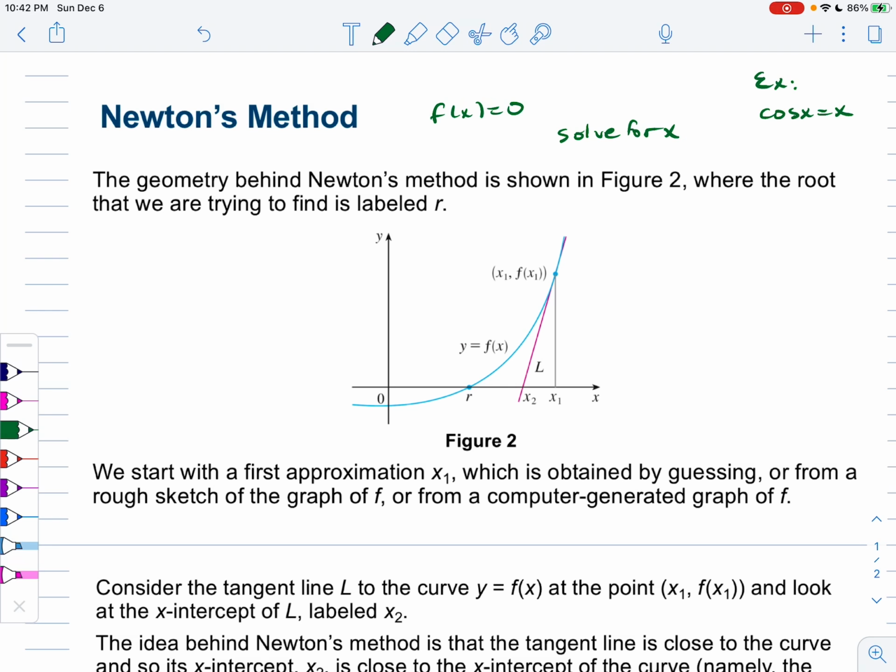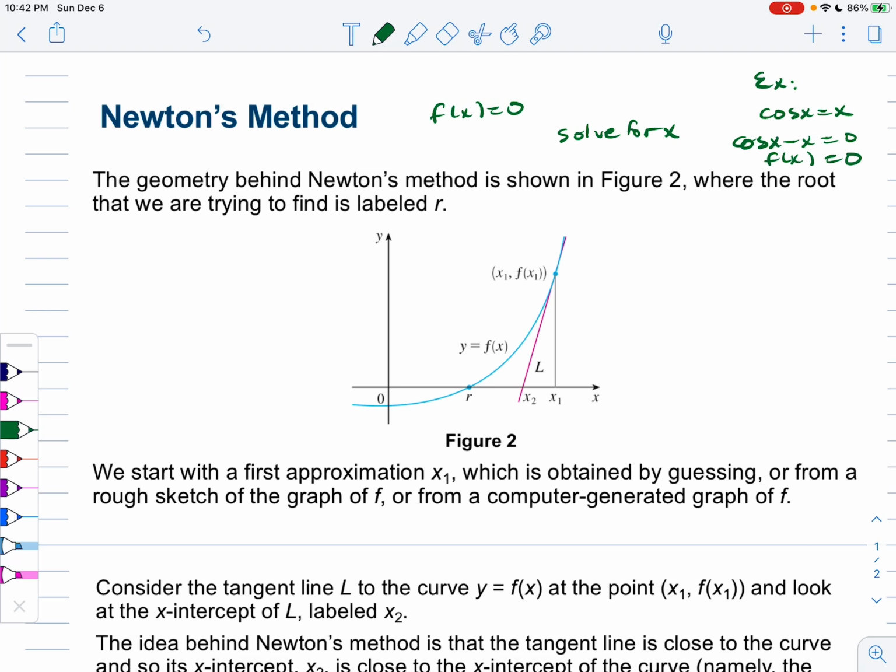That's a really difficult thing to do, but we could move both terms over to the other side, cosine x minus x equal to 0, and name our function cosine x minus x, and consider that for our approximation techniques. So it's a pretty decent application to consider when you are trying to solve equations and when you're trying to find roots. All right, so how do we do this?